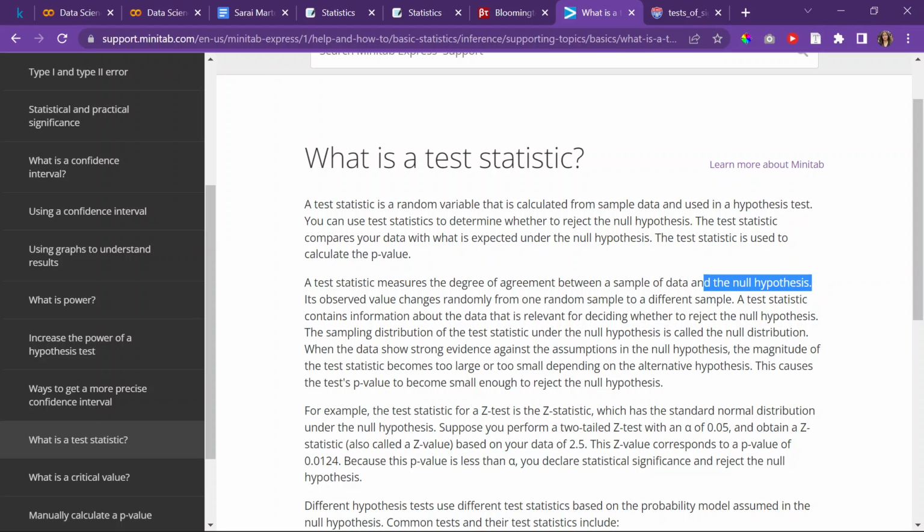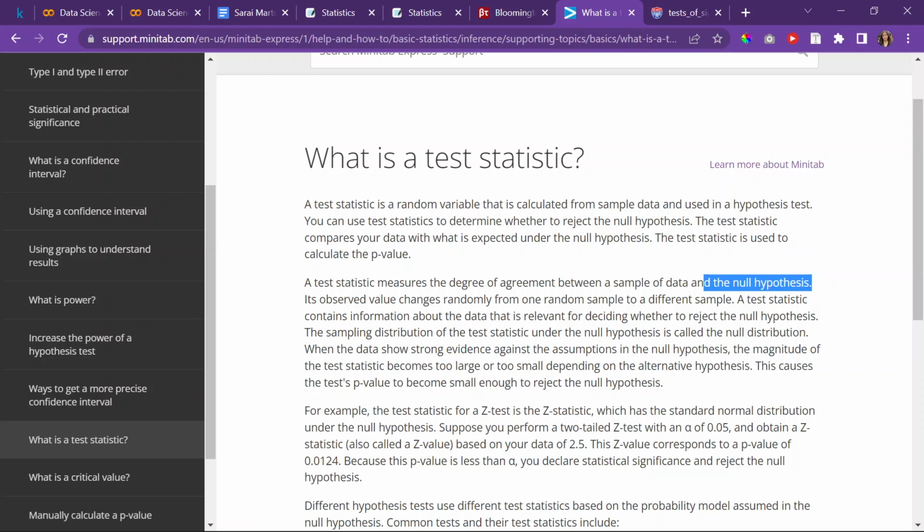So that's why my alternative hypothesis is that mu diff, or the average difference in distance traveled by gummy bears, is not equal to 0, meaning that there could be a negative or a positive difference. So my t-stat, which is negative 0.44, no, 1044, measures the degree of agreement between my sample data and the null hypotheses. So how much they agree.